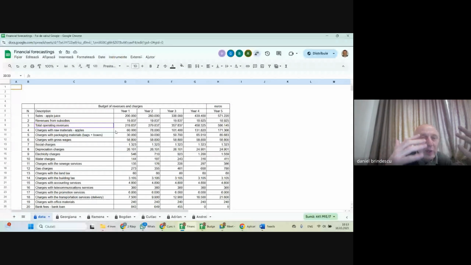And the difference between the two would be some sort of a net cash flow. I'm saying some sort because usually the cash flow statement is organized on three activities: the operating activity, the financing activity, and the investment activity.